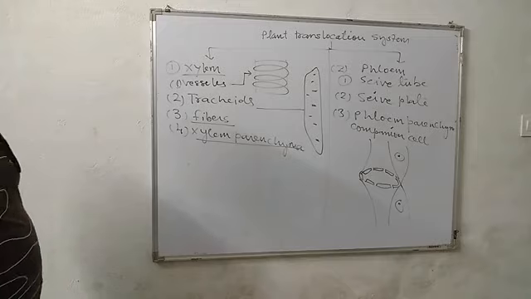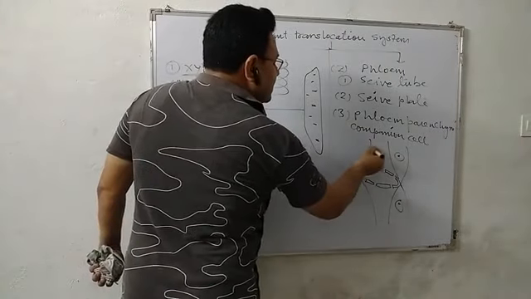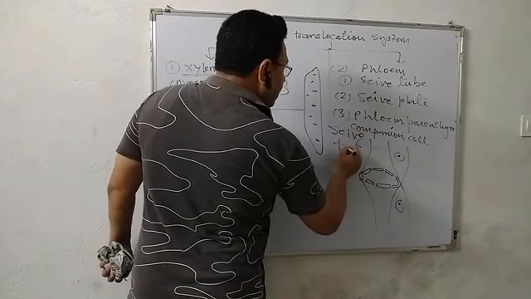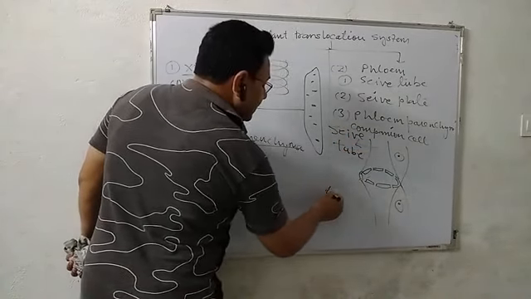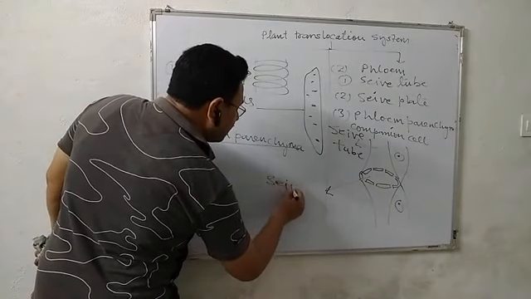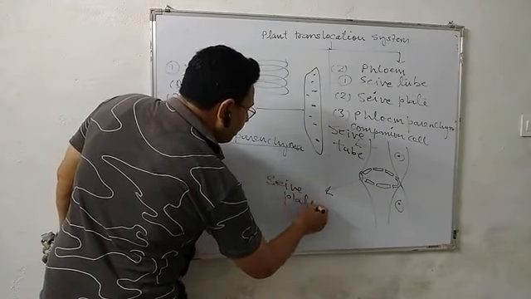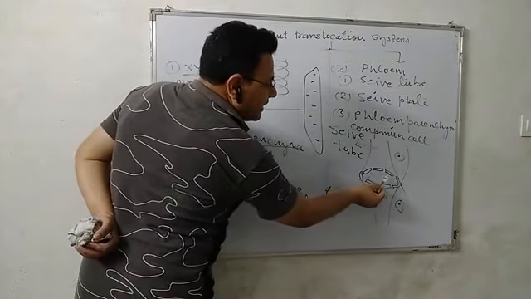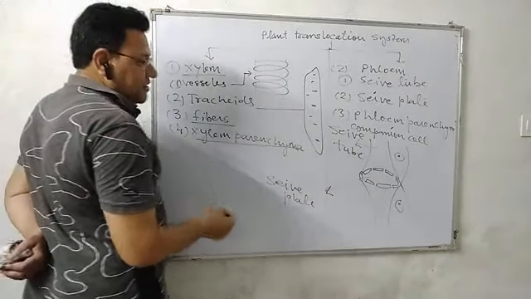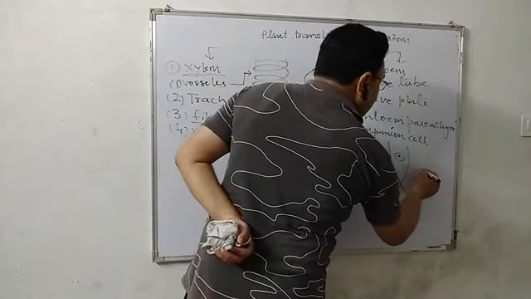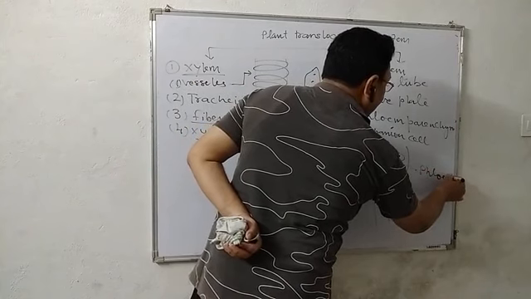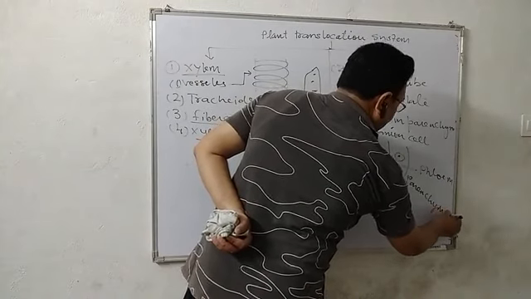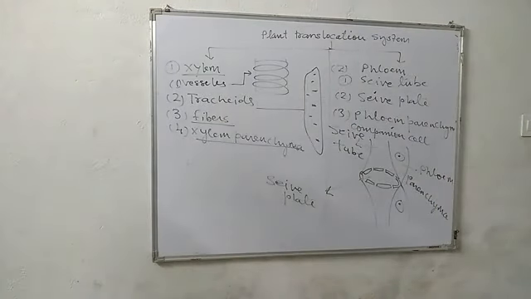You can see, this is phloem. Here, this is called the sieve tube. This is the sieve plate. You can see it is not continuous. It has several gaps. And this one is phloem parenchyma. Okay.